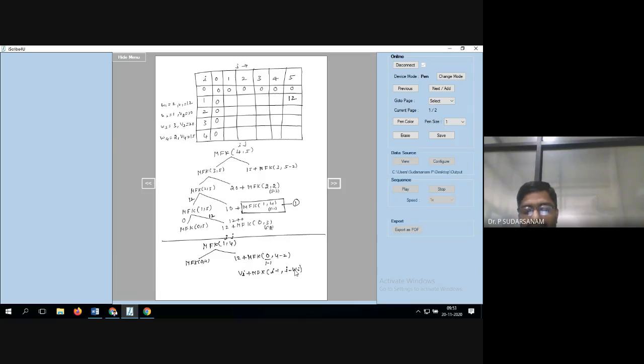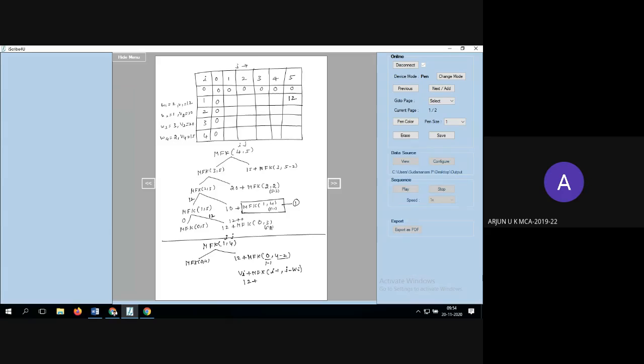Correct now? So tell me, I'll write it here. 12 plus MFK of 0 comma 2. So what will happen? This is 0 comma 2. 0 comma 2 is how much? 0, sir.